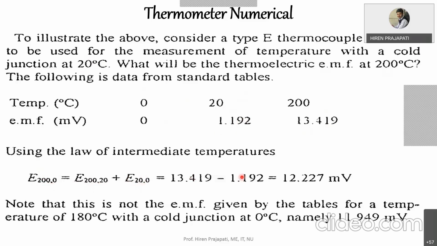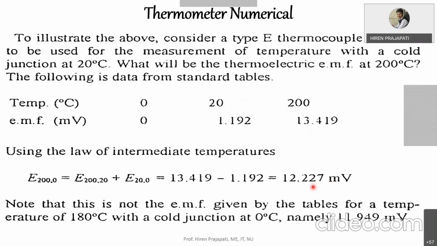We take the difference between these two, and this will be the EMF generated if the hot junction temperature is 200 and the cold junction temperature is 20 degrees Celsius, right? So this is how we get this thermoelectric EMF.